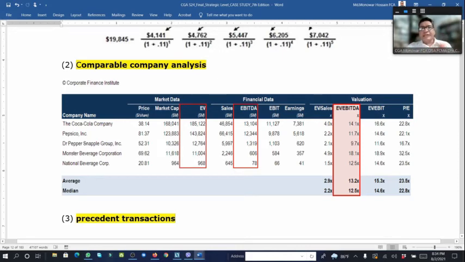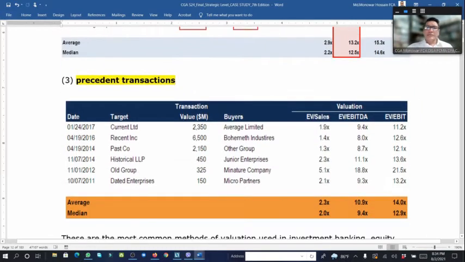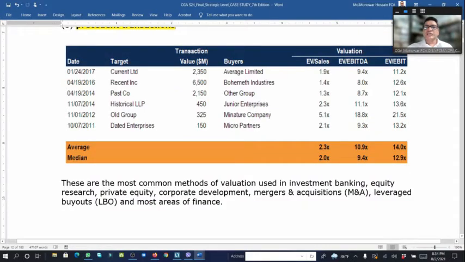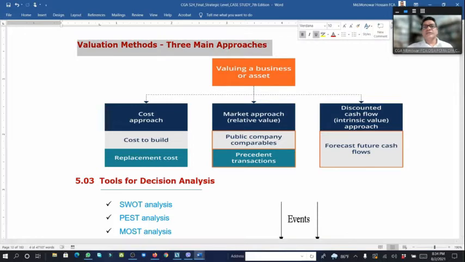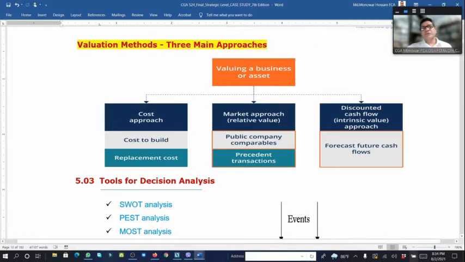Another is comparison, for example market data and financial data, comparing each and every item against the valuation transaction, etc. There are different types. So we can say that there are three main approaches to business valuation. For valuation of a business or asset, one is the cost approach, another is the market approach, and another is discounted cash flow.